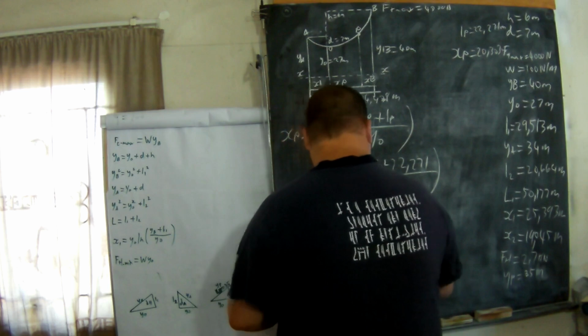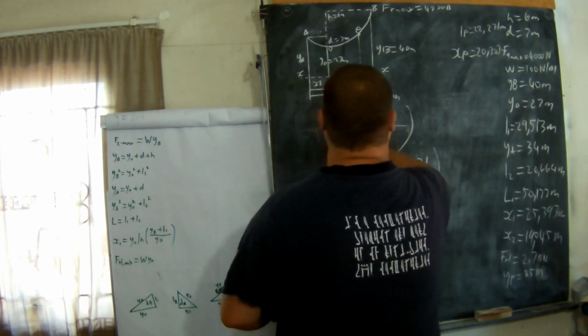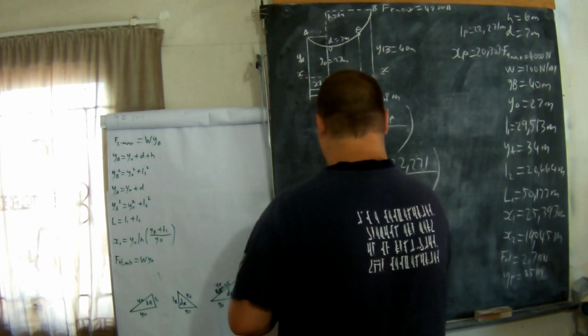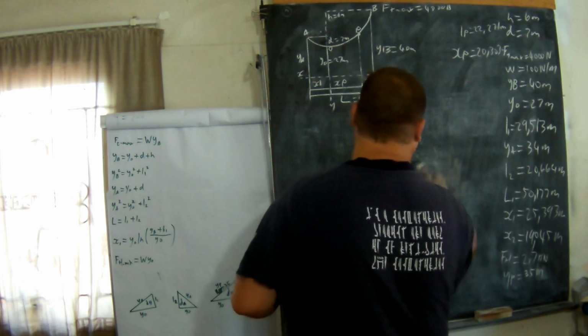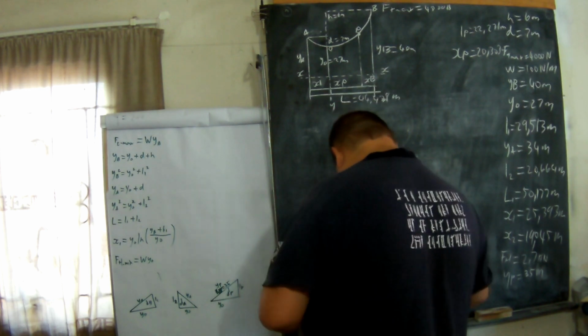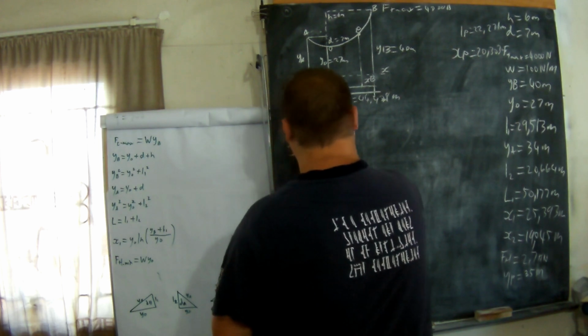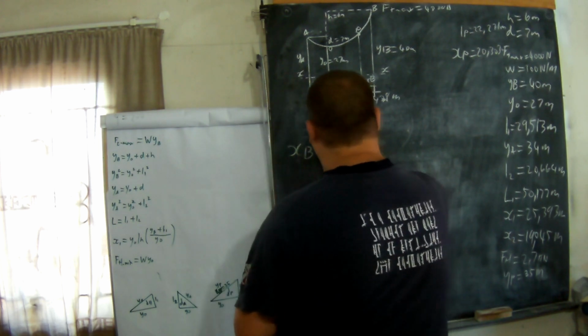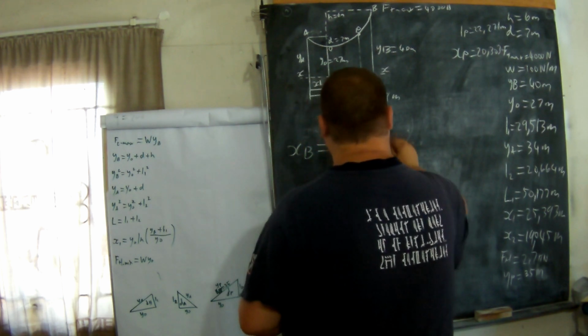So now all we have to do is minus one from the other. XB is equal to X1 minus XP.